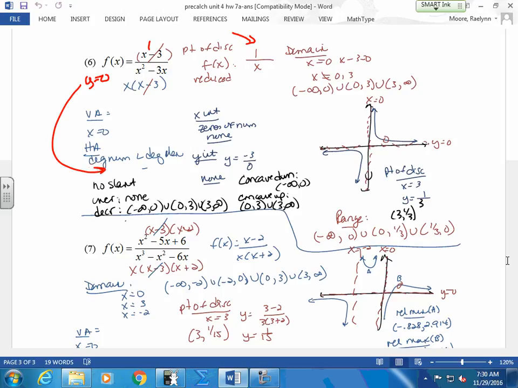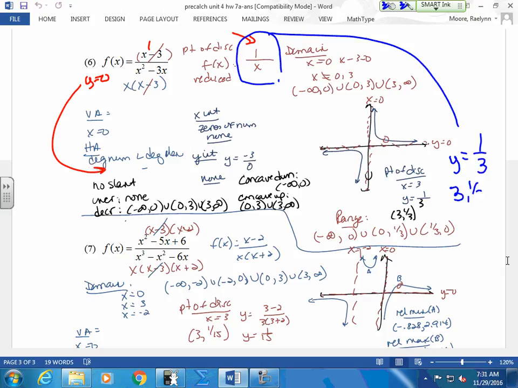All right, any questions on this? Where did I put my point of discontinuity? Right over here. So your point of discontinuity is the factor that you factored out of here. Remember to bring that factor down somewhere, set it equal, and then plug the 3 into this reduced one. So y is equal to 1 over 3. So your point, and you have to get an xy point for this.